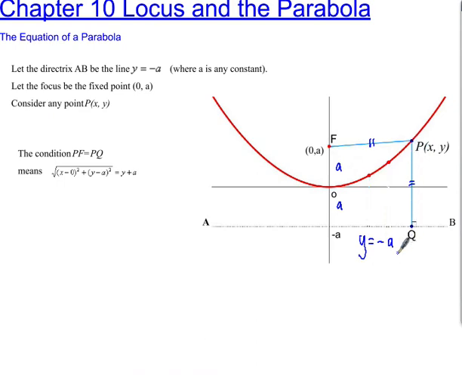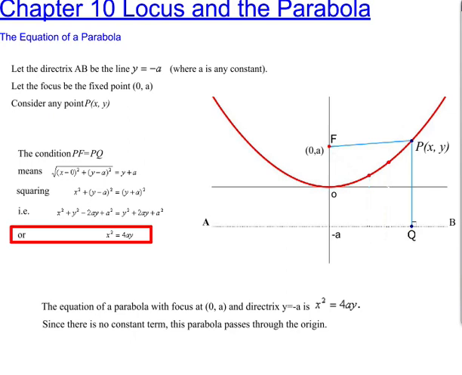Then you square both sides to get rid of the square root on the left-hand side. Expand all the perfect squares and collect all like terms, and that's where x squared equals 4ay comes from. So you need to memorise this proof. It's in your textbook if you want to go over it again, but what's important is just remembering x squared equals 4ay.